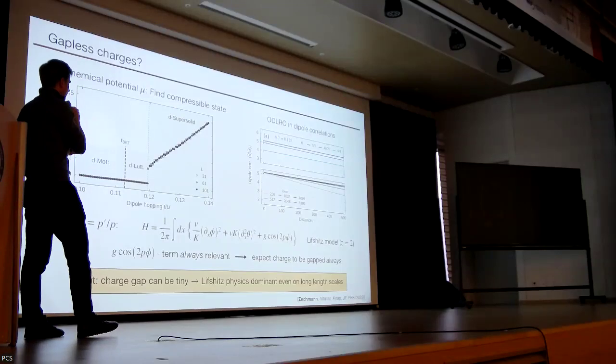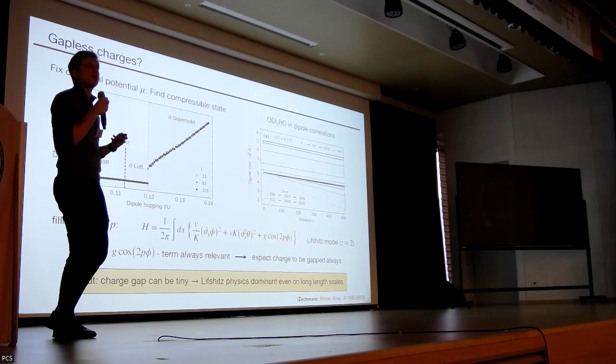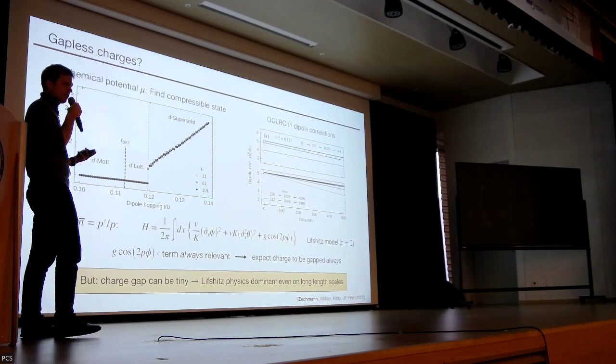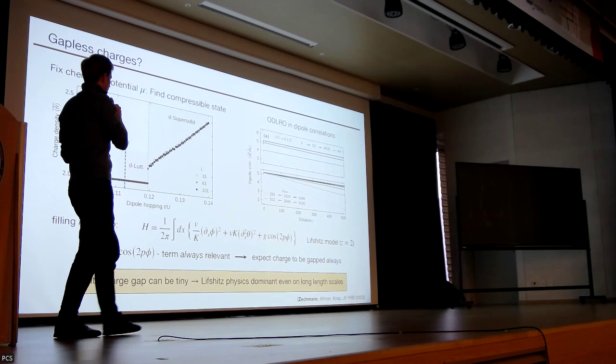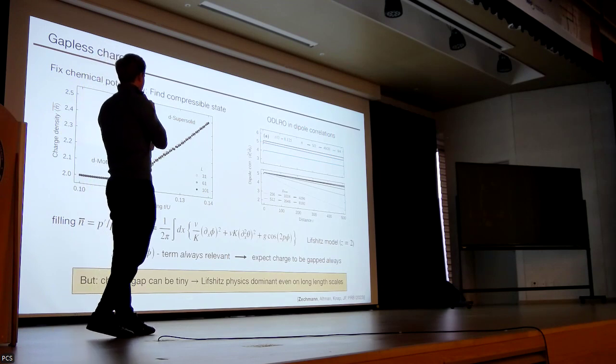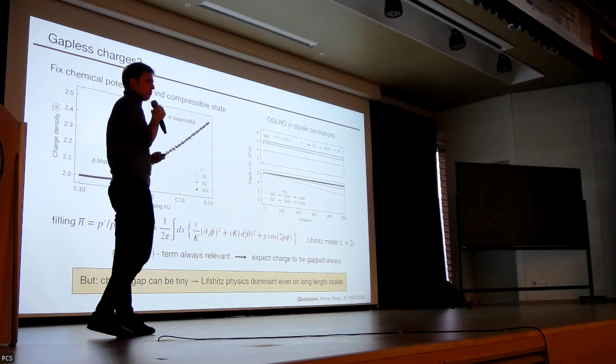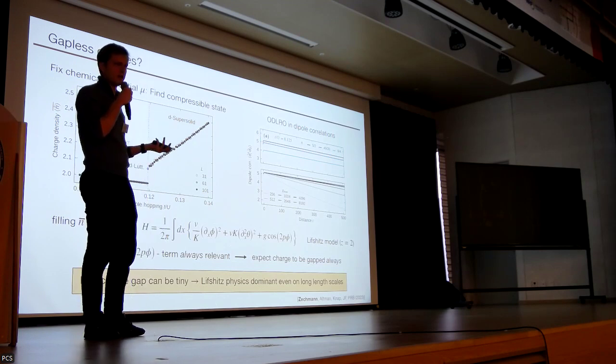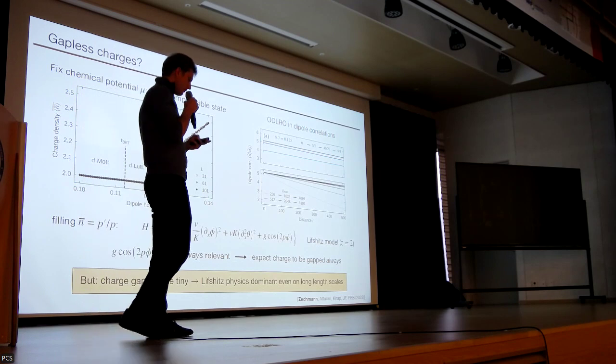But in practice, what we're finding is that this charge gap can apparently be tiny, which might depend also on the microscopics of the system. But if that's the case, then we essentially find physics which is consistent with this Lifshitz theory, even on long length scales in the numerics that we can do here.